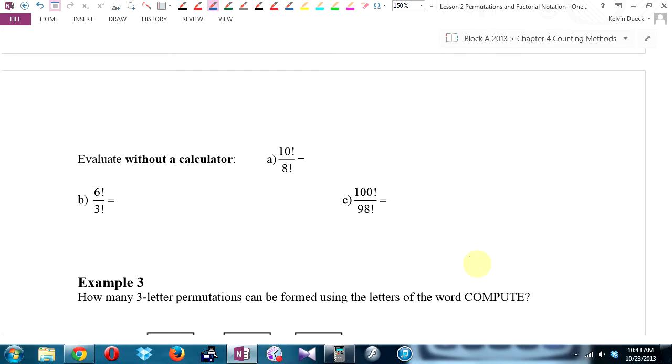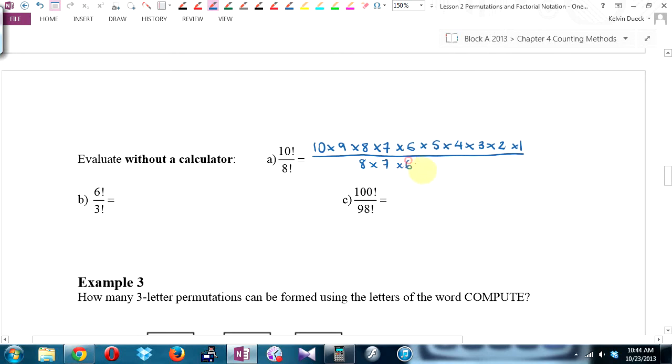So write with me, 10 factorial, what does that mean? 10 times 9 times... we're going to write it out long. 10 times 9 times 8 times 7 times 6 times 5 times 4 times 3 times 2 times 1 over... what does 8 factorial actually mean? 8 times 7 times 6 times 5 times 4 times 3 times 2 times 1.